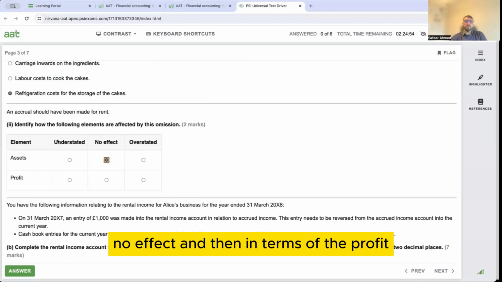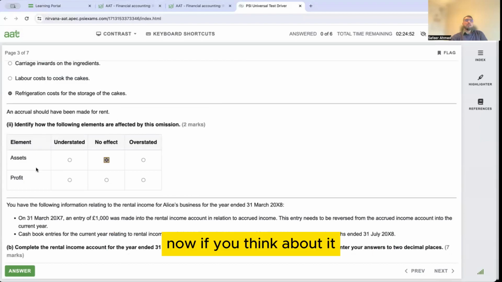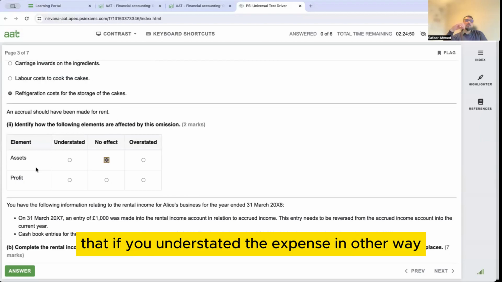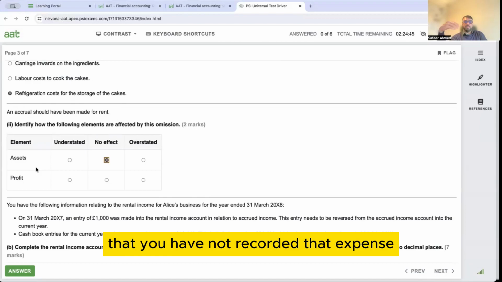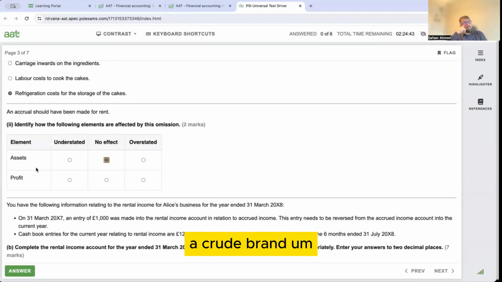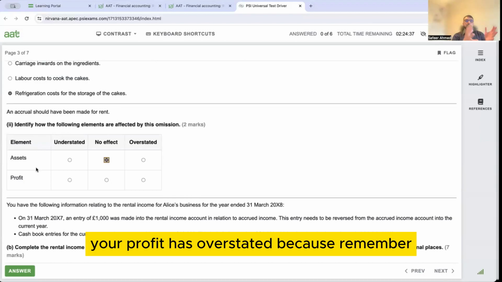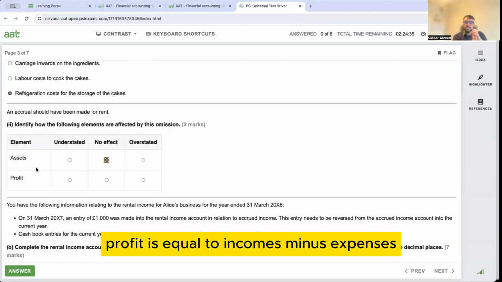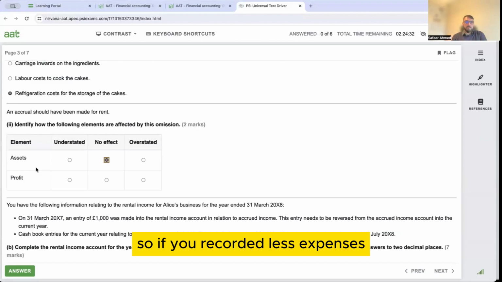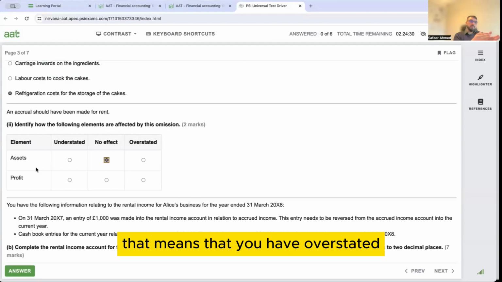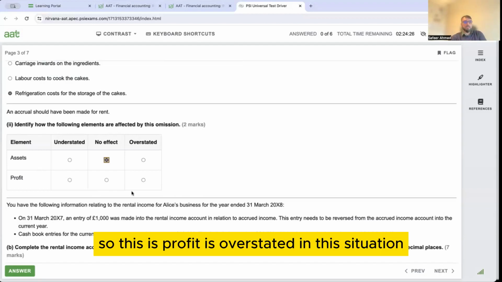And then in terms of the profit, if you think about it, if you understated the expense, in other words, you have not recorded the expense, accrued rent, then your expenses are understated. And if your expenses are understated, your profit is overstated, because remember, profit is equal to incomes minus expenses. So if you recorded less expenses, that means you have overstated, exaggerated the profit. So profit is overstated in this situation.